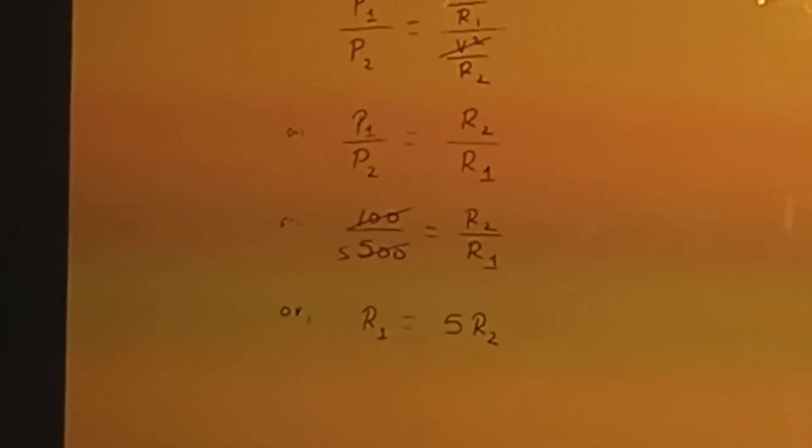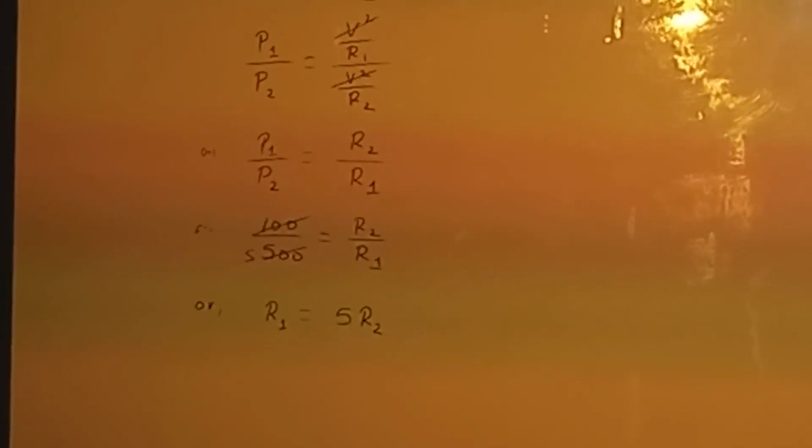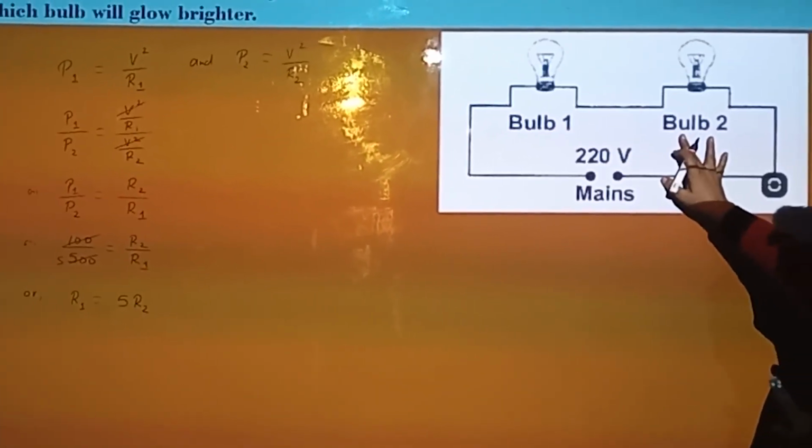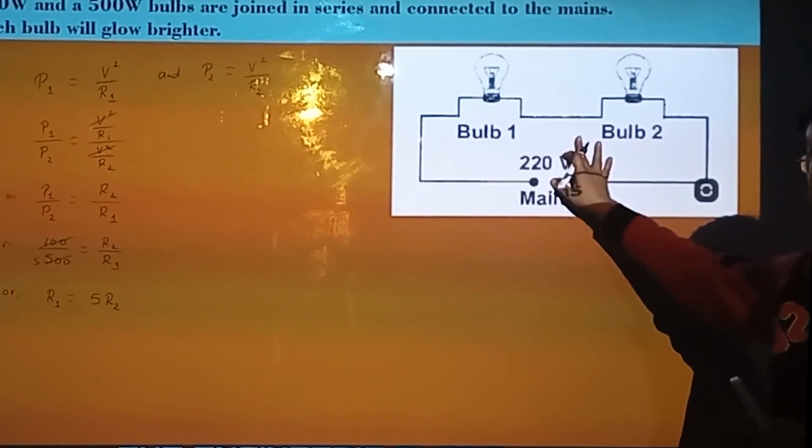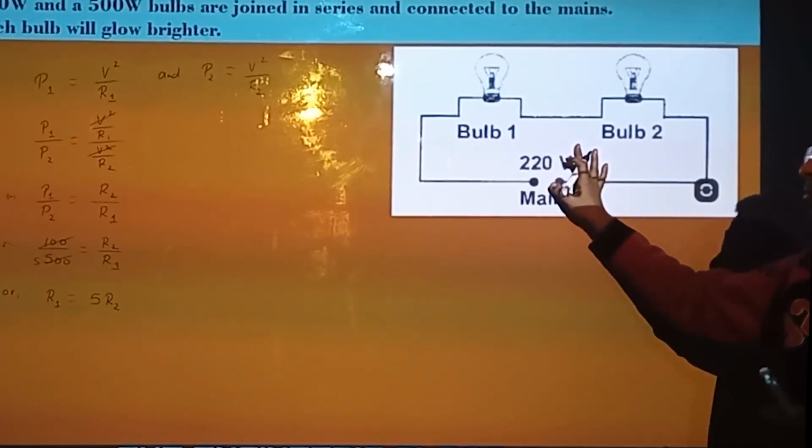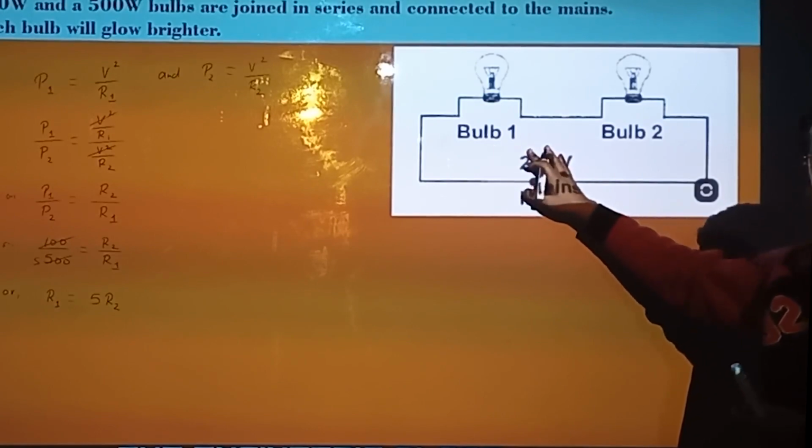From the circuit, the current flowing through valve 1 and valve 2 is the same since they are in series.